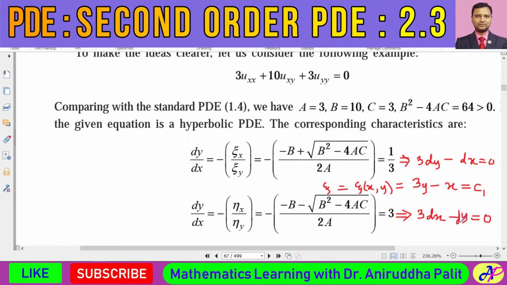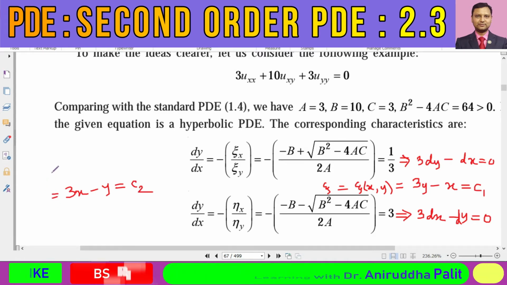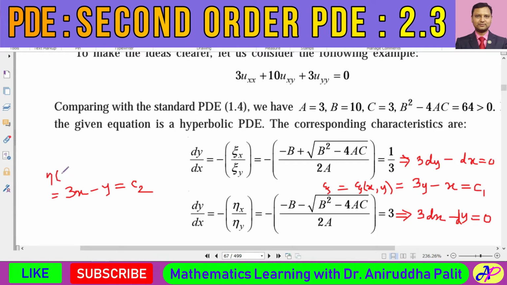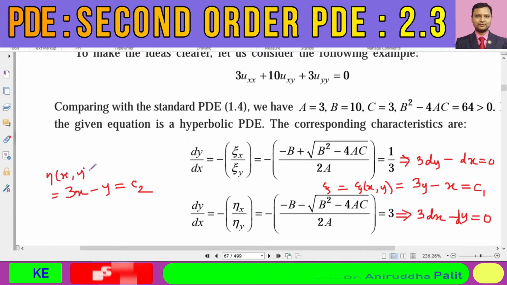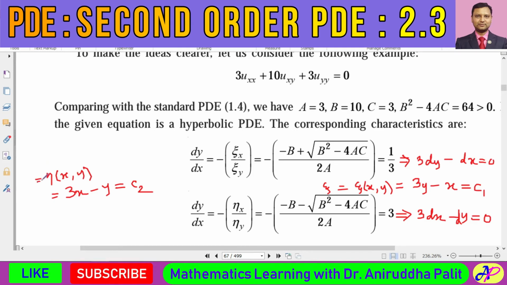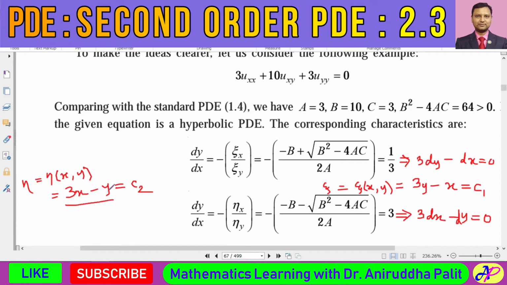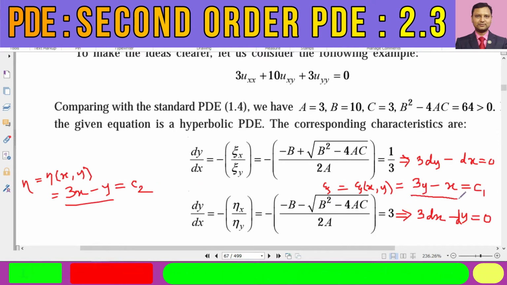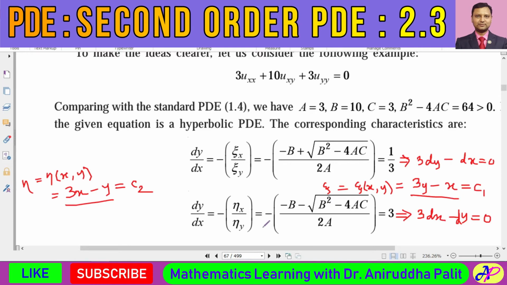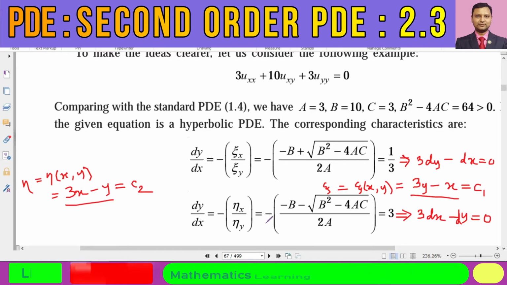After integration, what we get is 3x minus y equal to some arbitrary constant c2, and you can now choose this to be the function eta of x comma y. So we can choose eta equal to 3x minus y, and xi equal to 3y minus x. In this fashion, we can determine the expressions of xi and eta.